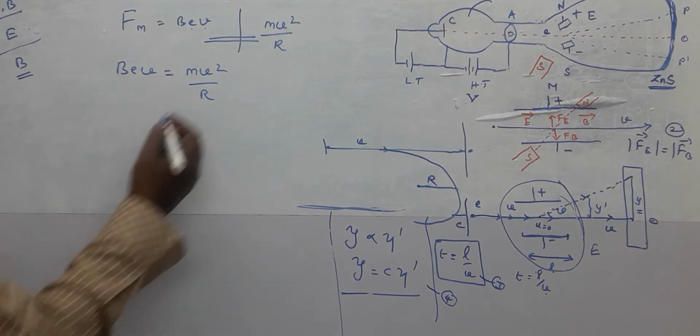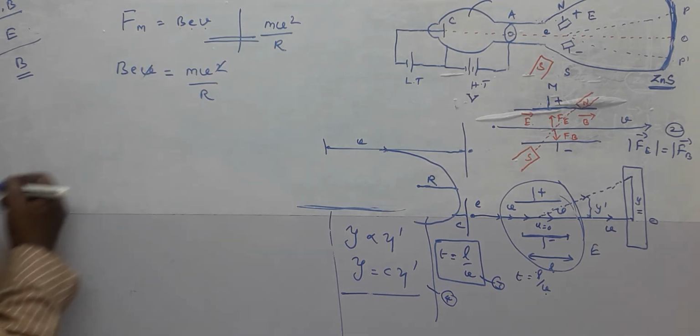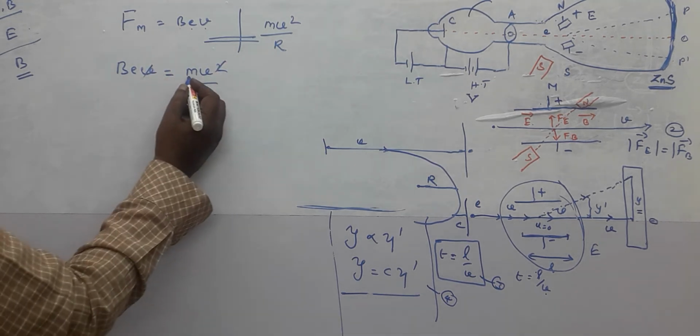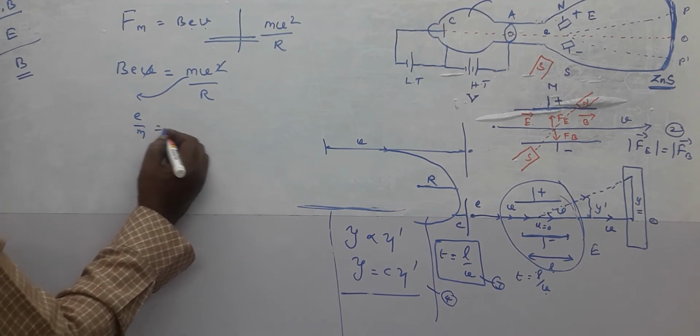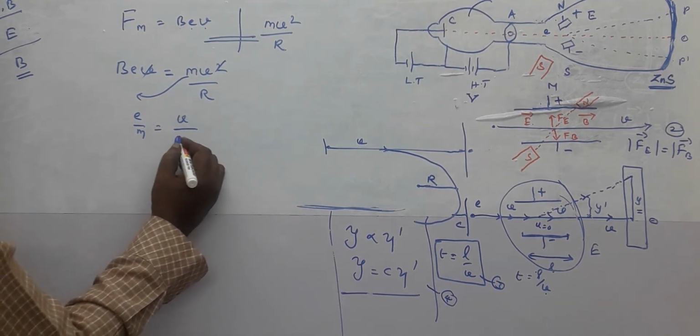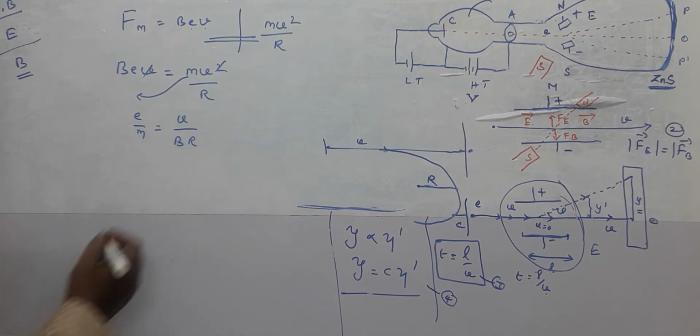Now, one v is cancelled, and we bring m here. Then e by m is nothing but v by B into R.